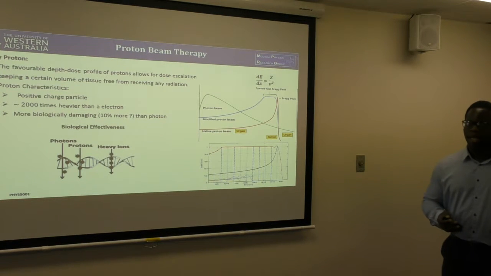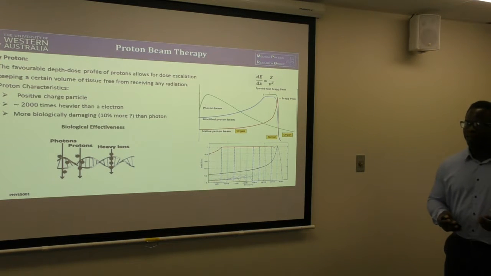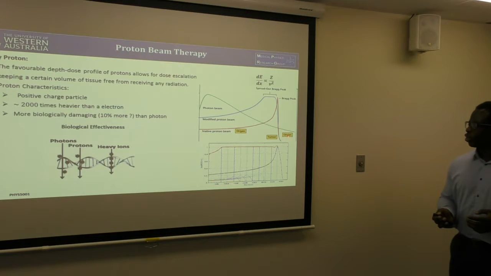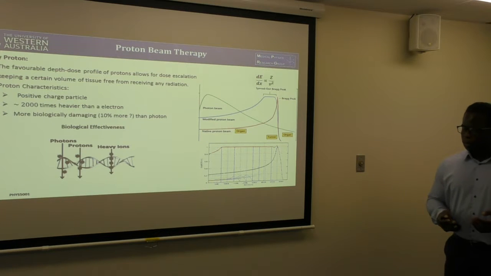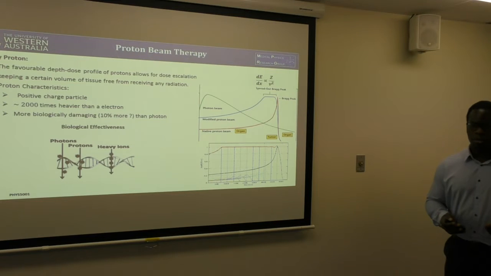This means we can design treatment plans using proton therapy that have virtually no exit dose and no dose behind the tumor. In contrast, a photon beam has a high entrance dose and a non-zero exit dose, which means that photon beams result in radiation to tissue proximal and distal to the tumor.